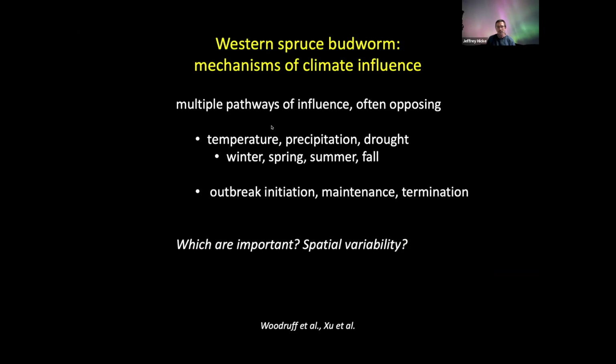So multiple studies in the past have identified multiple drivers that include climate. However, these are often opposing. So temperature, precipitation, and the combination leading to drought has been identified.